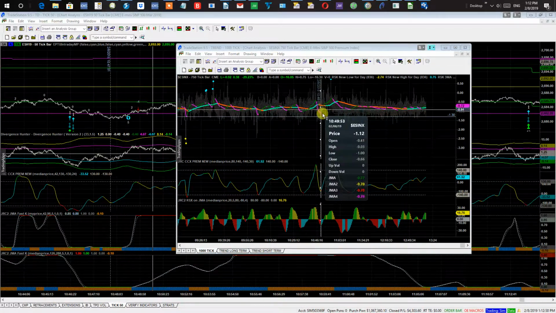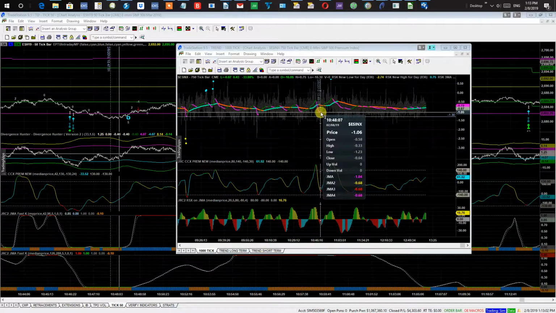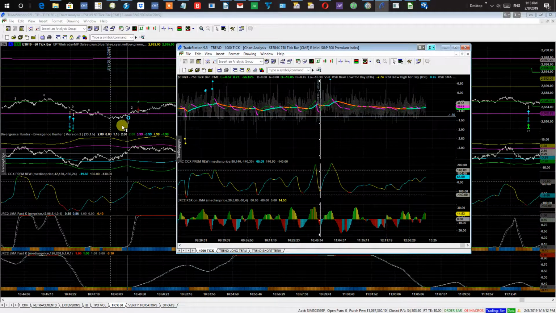Let's get it. There we go, right there. That's where it's sloping up, and that's where you've got your signal. So this signal obviously is watching this. These signals are not watching that. So you got to be aware of that.